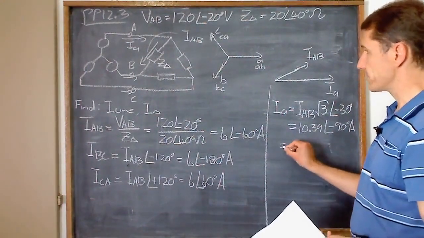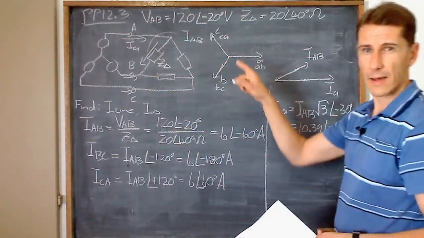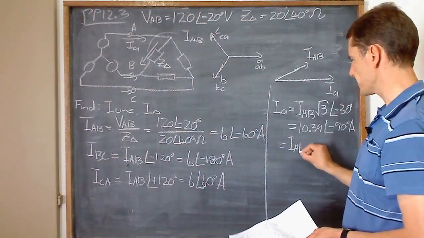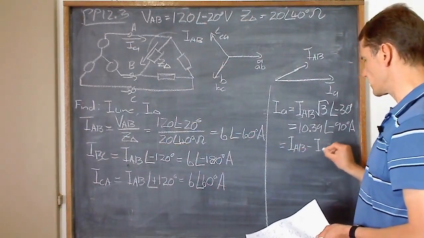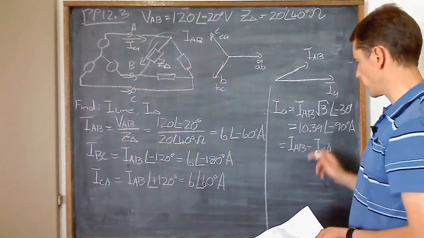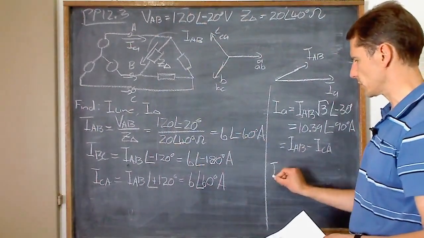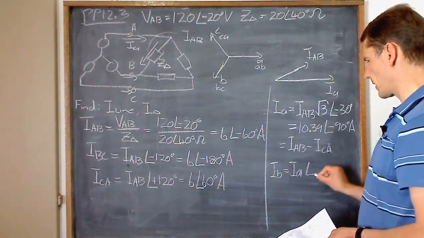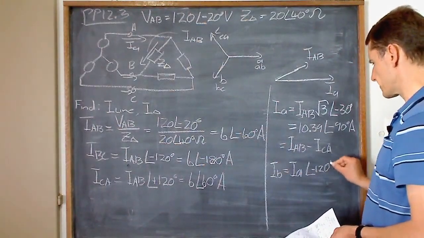You could also have said that IA, if we used that KCL principle that we did earlier, is IAB minus ICA. So perhaps do that on your calculator and take this one minus that one, and you'll get exactly the same answer. For IB, it's just IA angle minus 120 degrees.